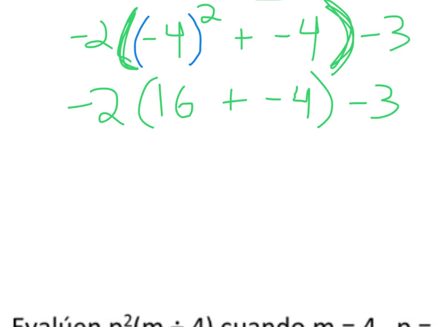Now we're still doing what's in the parentheses. We have 16 plus a -4, so that's going to be 12. Bring down the parentheses, bring down -3, bring down -2 next to the parentheses.